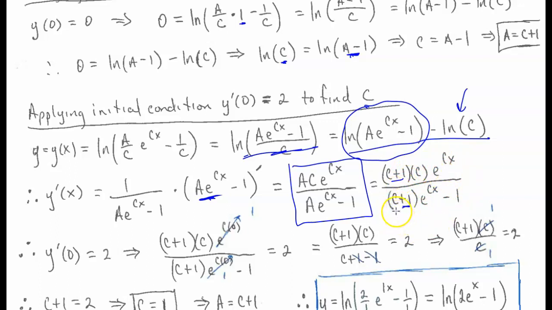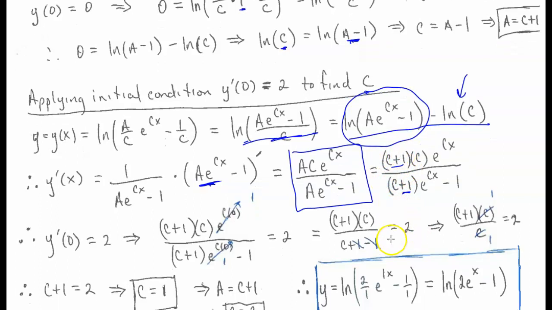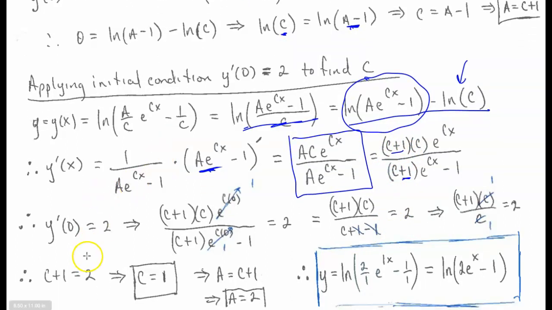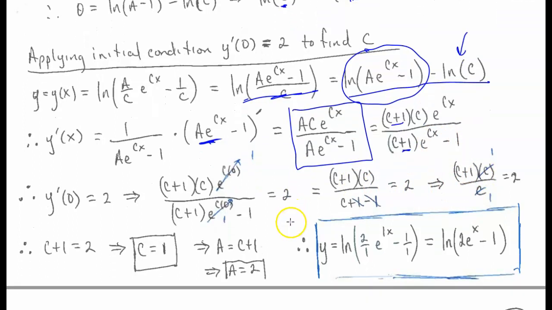So once I plug in what x and y are in this case, I should be able to find out what c is. I know y prime of 0 is 2. Everywhere I see x, plug in 0. The result ends up being 2. And with the simplification I was doing, eventually I get to the fact that c is just equal to 1.